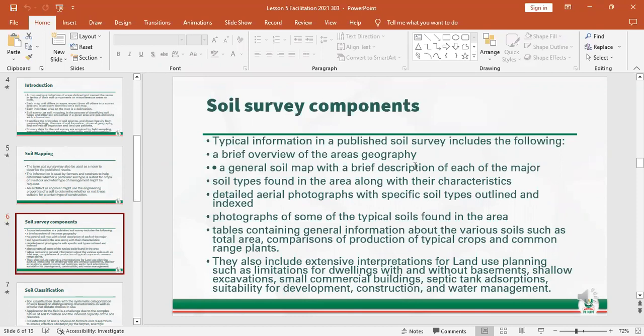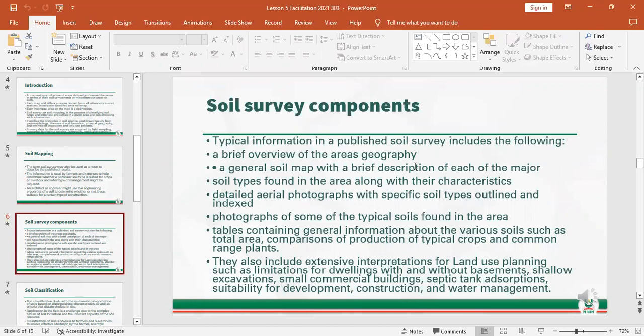Also, photographs of some of the typical soils found in the area being mapped are very important.